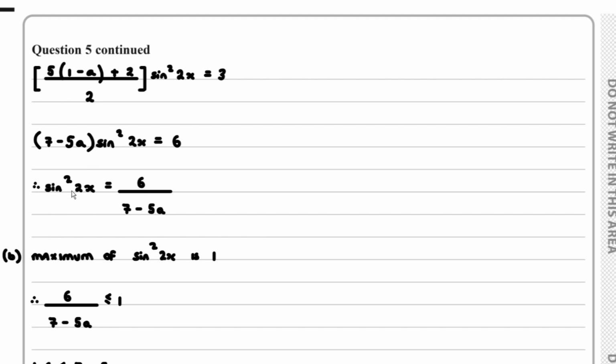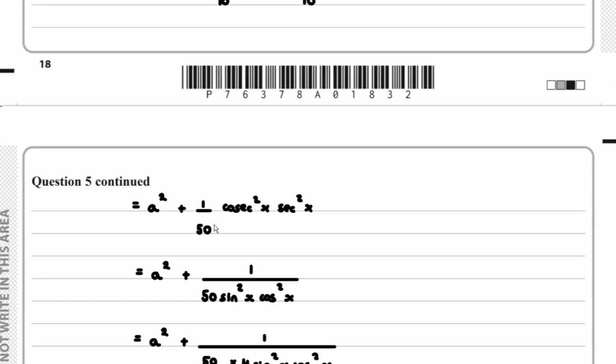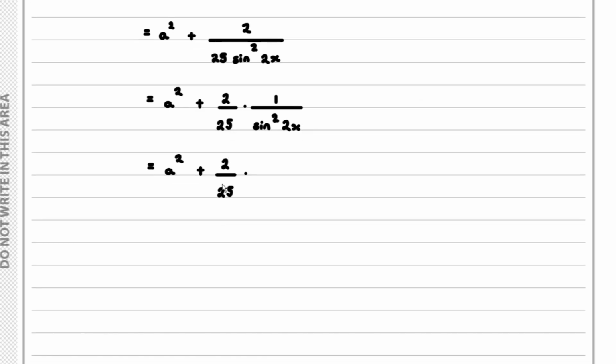So 1 over sine squared 2x will be 7 subtract 5a over 6. So I multiply 2 over 25 by 7 subtract 5a over 6. So I've got a squared plus 7 subtract 5a over 75, and that's because 2 over 6 is 1 over 3, and I multiply that by 25, which gets me the 75.